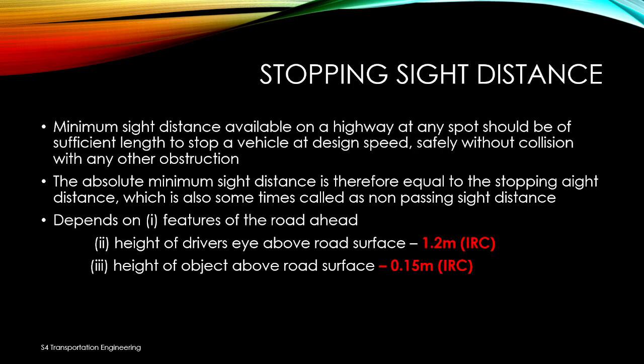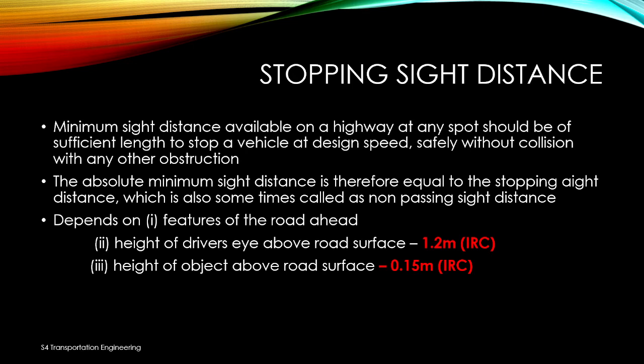So when a vehicle is moving with that design speed, the minimum distance required for the vehicle to stop on seeing an object or an obstruction on the road is termed as stopping sight distance. So we are trying to ensure safety along that roadway. We are trying to avoid collision of the vehicle with that object which is crossing.